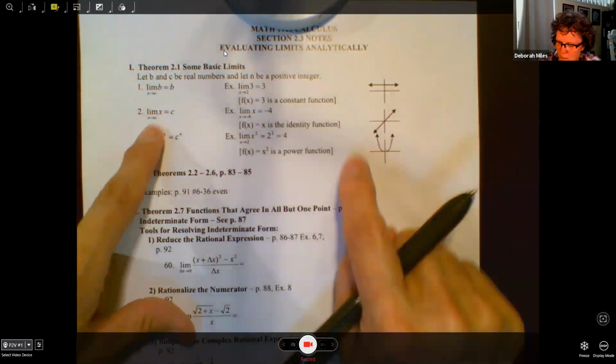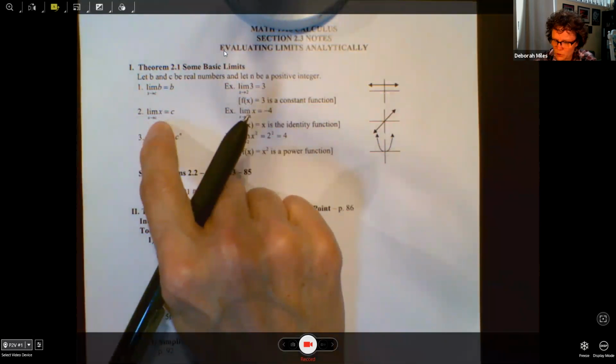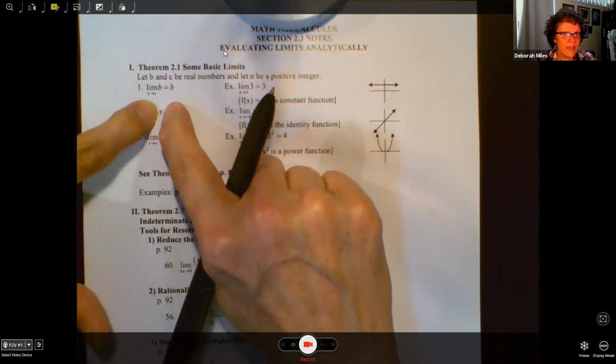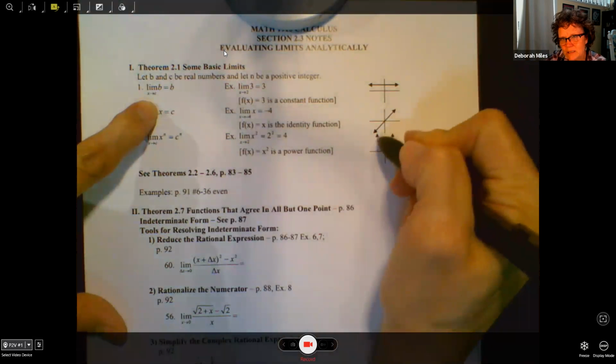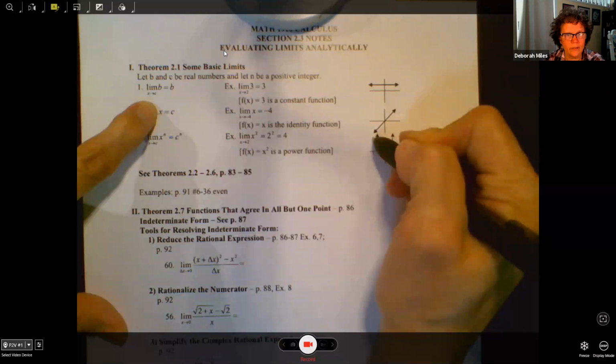All right, what about the limit of here? This is just the identity function, y equals x. Y equals x is that line that bisects the first and third quadrants.